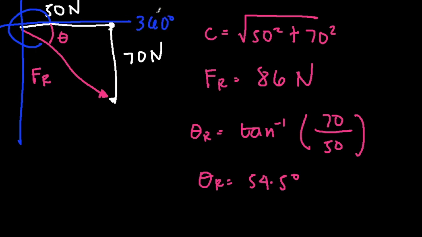So angle theta should be 360 minus 54.5. We have 305.5 degrees. So that's our answer, 86 newtons with an angle of 305.5 degrees.